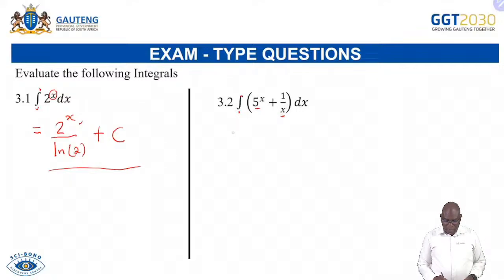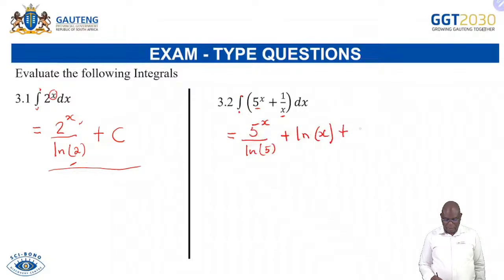In this case here, what are we going to get here? We're going to get 2. 5 to the power x is similar to this, so it will be 5 to the power of x all over ln of 5. Okay, then we need to do that next one. 1 over x, everybody knows, it's ln of x plus c.